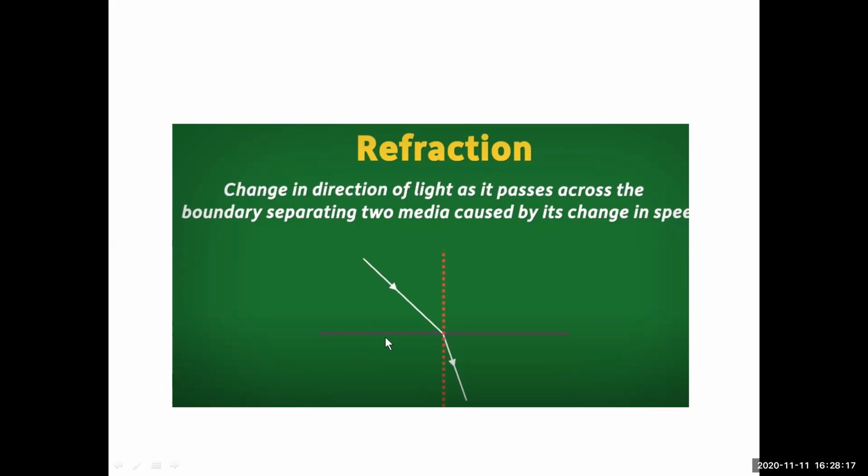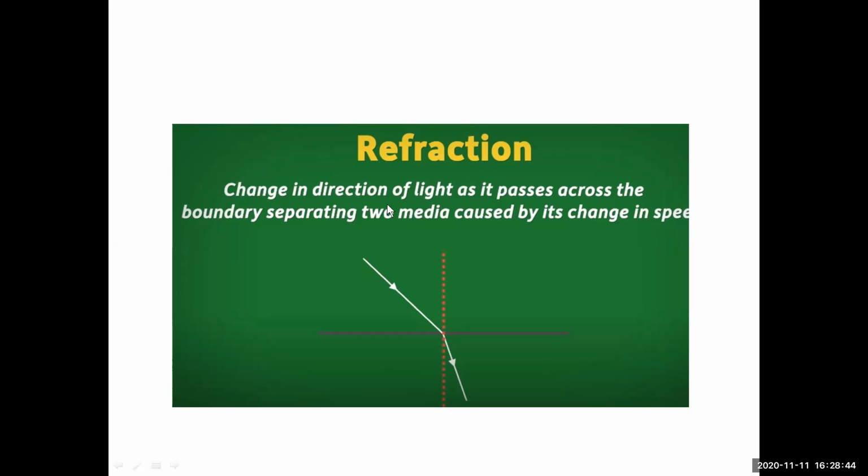There are two media, and this is the line separating them. This is the light ray passing from one medium to the other medium. We are saying that there is a change in the direction of the light and also a change in the speed, and we call this refraction.